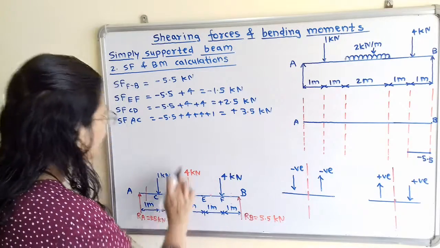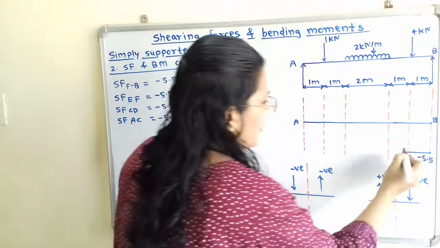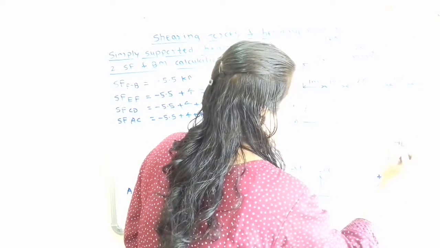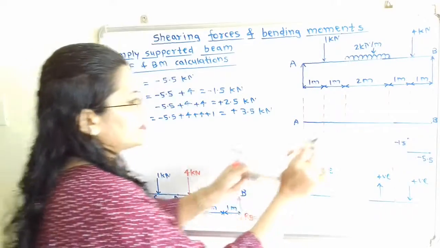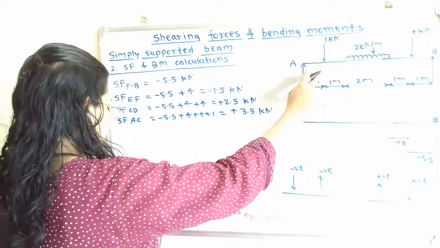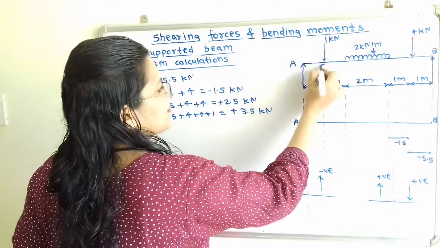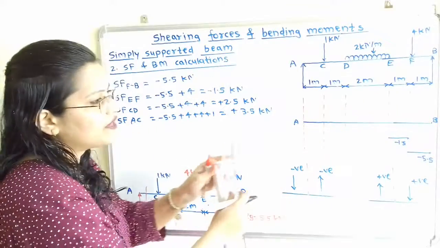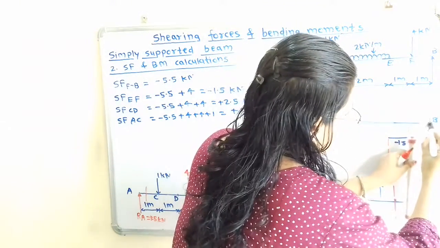So we have to take here minus 1.5. So during this section EF, it will also remain constant. So I will plot here the letters C, D, E, F. Now we will connect this.